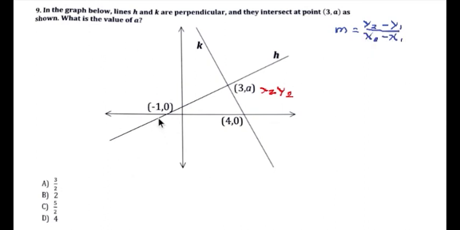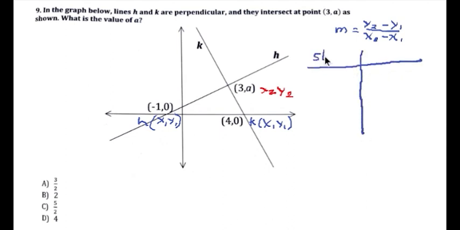So let's assign x1, y1 to both of these points down here, and that will be for line H, and x1, y1 for line K will be as such. So let's get our slopes.